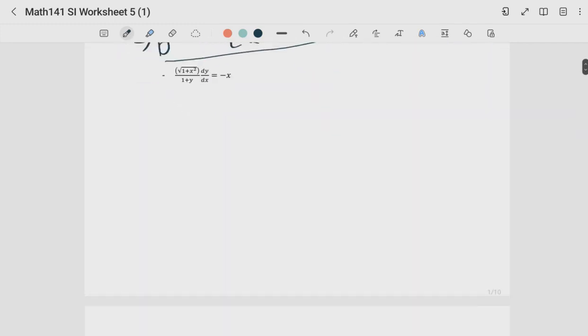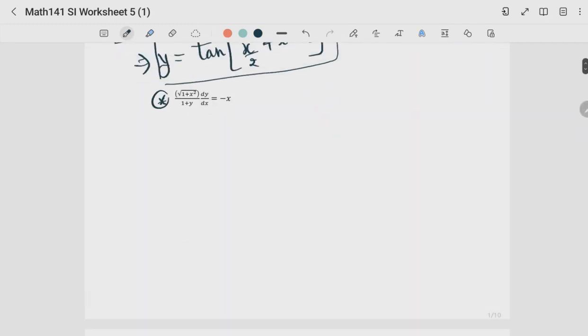Again, here we have to use separation of variables. And the question is, we have the square root of 1 plus x squared over 1 plus y multiplied by dy over dx is equal to minus x. And we are asked to use the separation of variables once again to solve this.